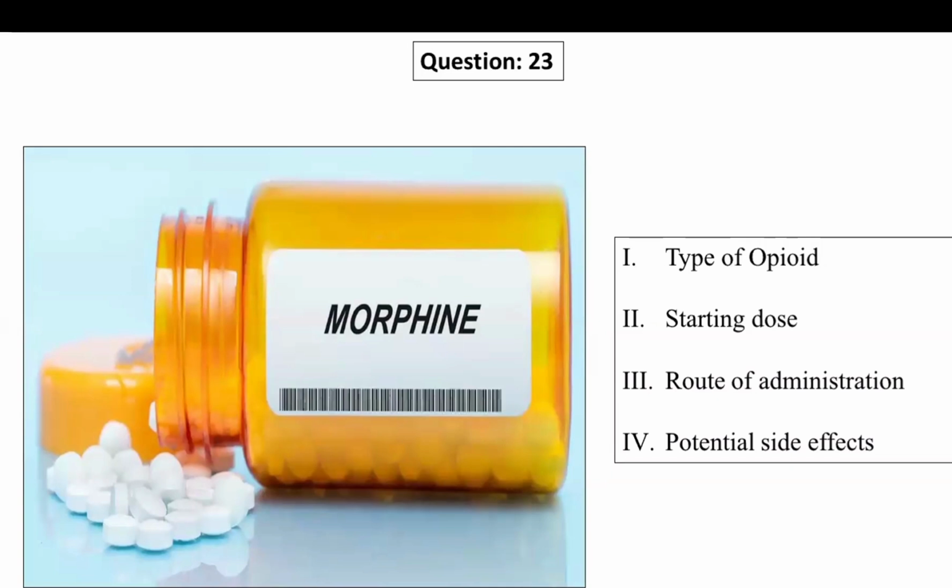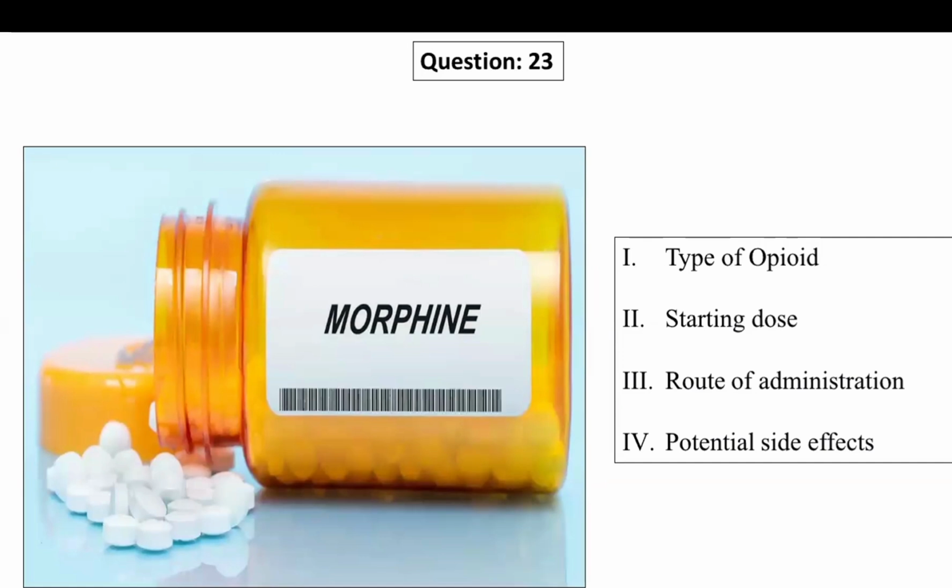Can you name some potential side effects of morphine? The most common side effects are constipation, nausea, vomiting, drowsiness, and there could be respiratory depression also. Okay. So, any drugs that are given in a prophylactic setting along with morphine? Can you name some drugs?